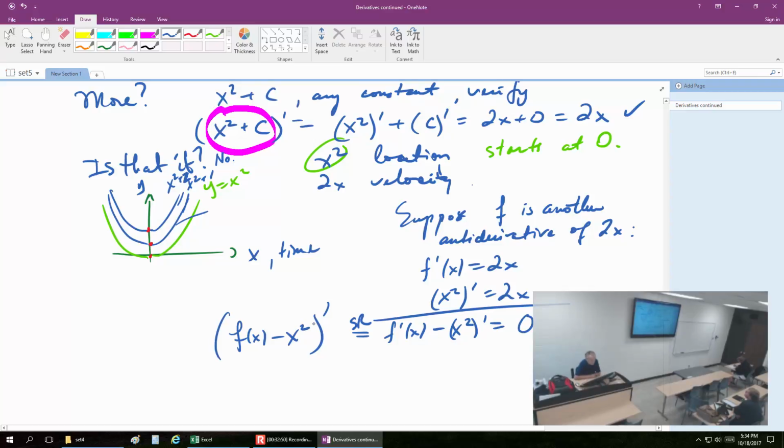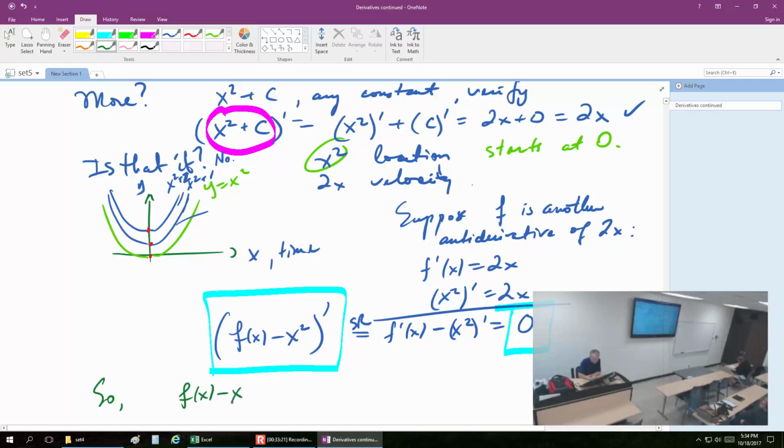So now let's consider what we've got. We have a function, the derivative of which is 0. What's the conclusion? The derivative of this function, f of x minus x squared, is 0. But what do we conclude about this new function?